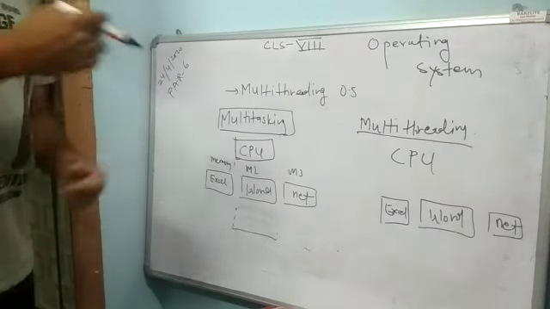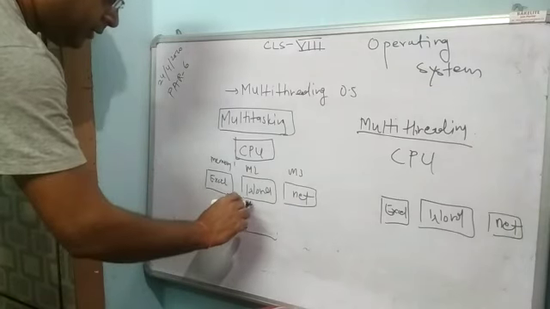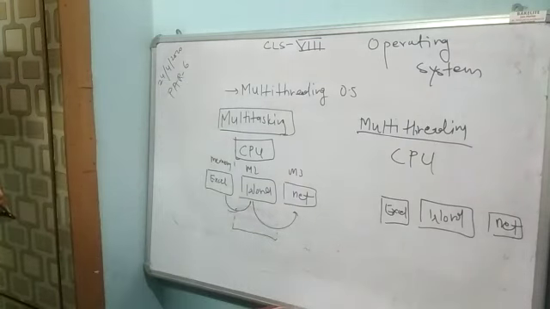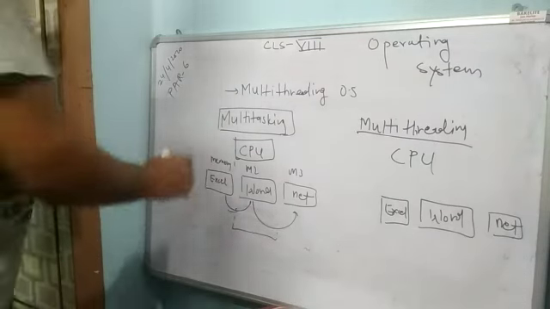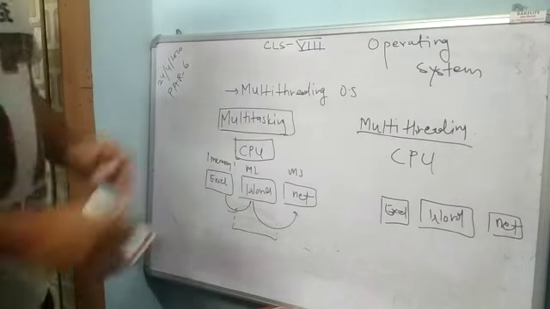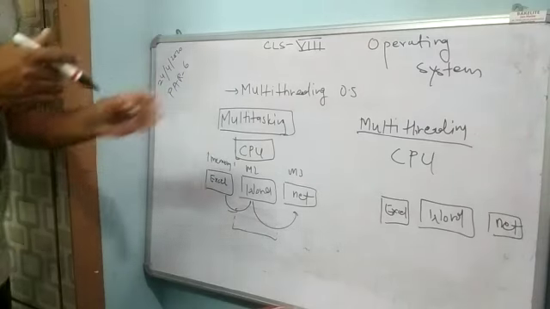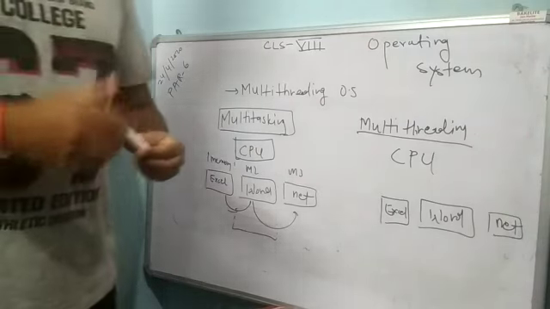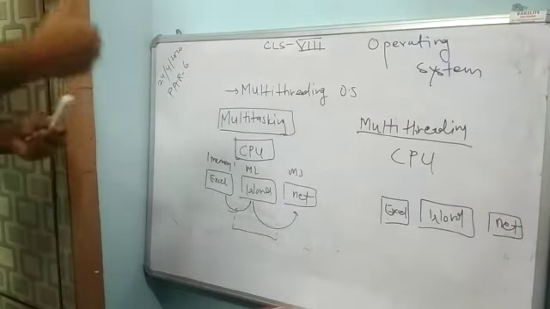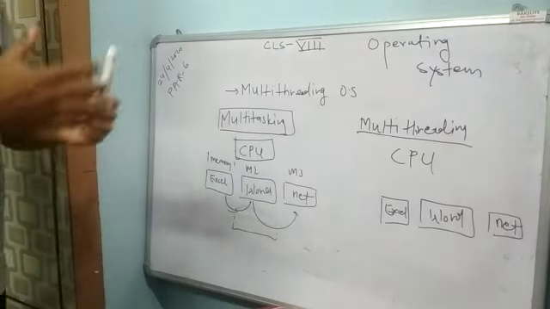Which means the CPU is switching from one process to another by holding the previous one. That's why the CPU has to provide them different memories, so the multitasking operating system is not economical, because it requires much memory.